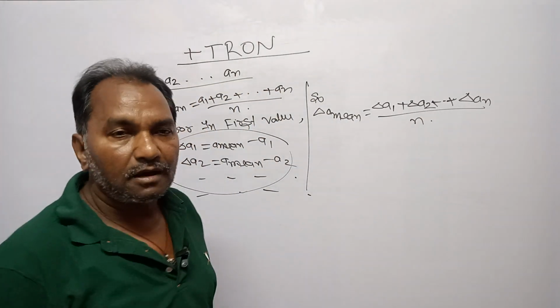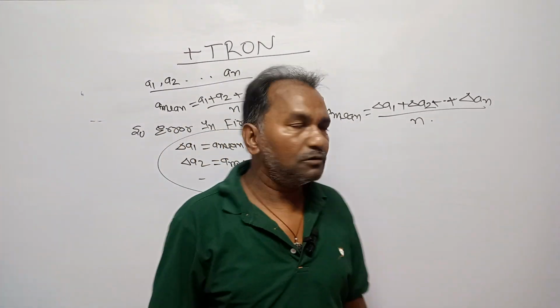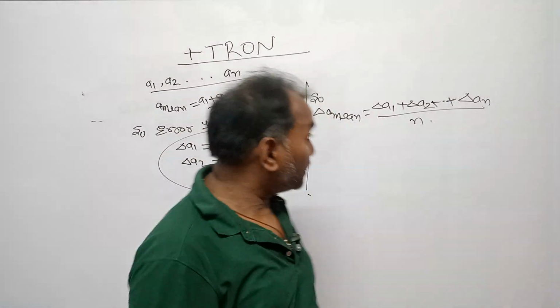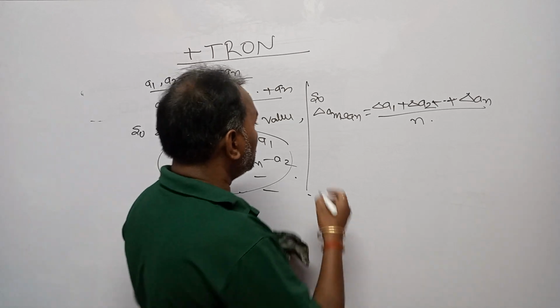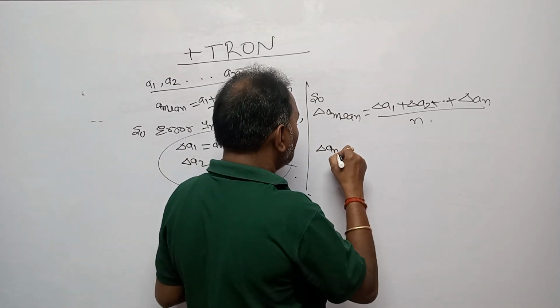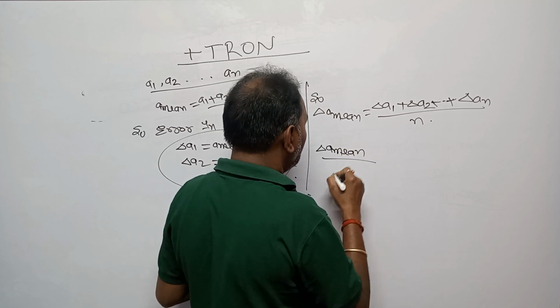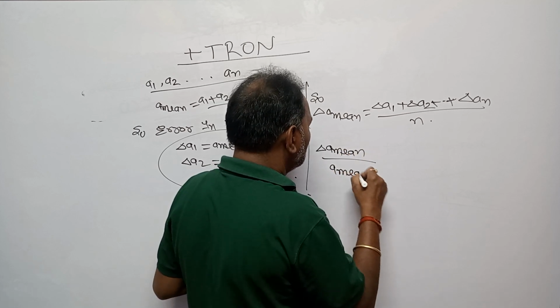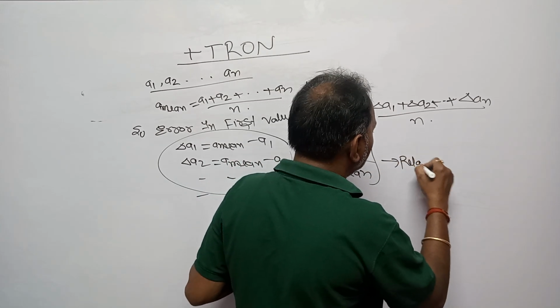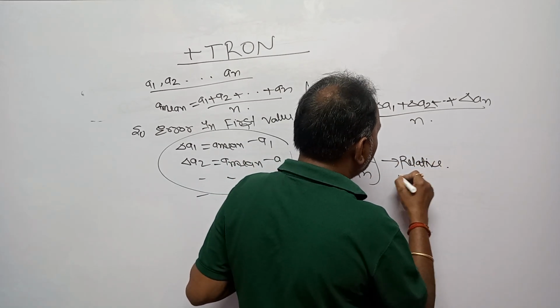Now we have the mean value of the experiment and the mean error in the experiment. So delta A mean upon A mean, this value is called the relative error. It is the relative error.